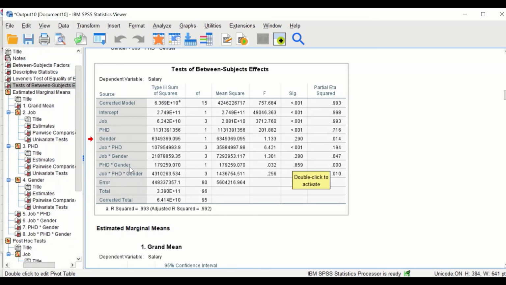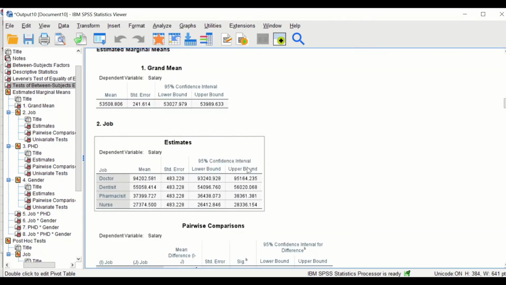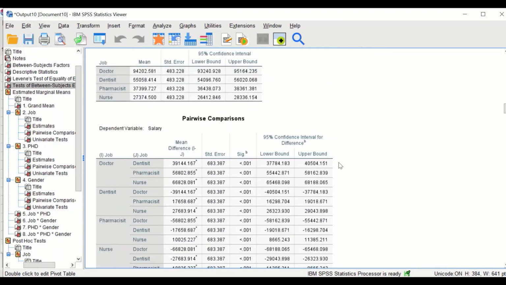For the final interaction, job, PhD, and gender, again, there is no significant difference, which indicates that the interaction between these 3 factors has no influence on the salary earned. The other tables are just subgroups for all the different factors and interactions.